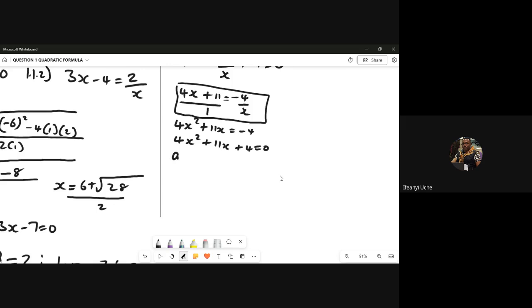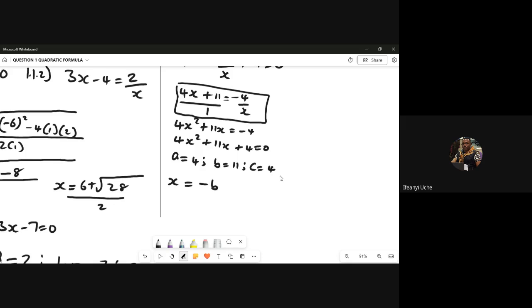Here you can highlight: a is equal to 4, b is equal to 11, and c is equal to 4. The reason I normally say highlight is that it helps you substitute correctly without making mistakes.